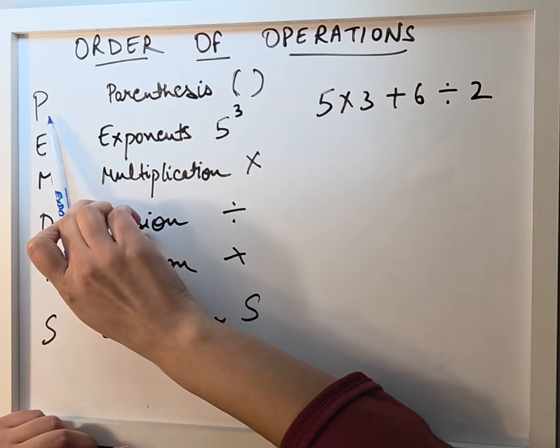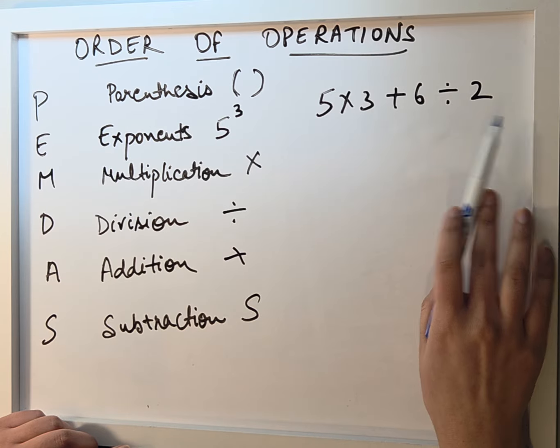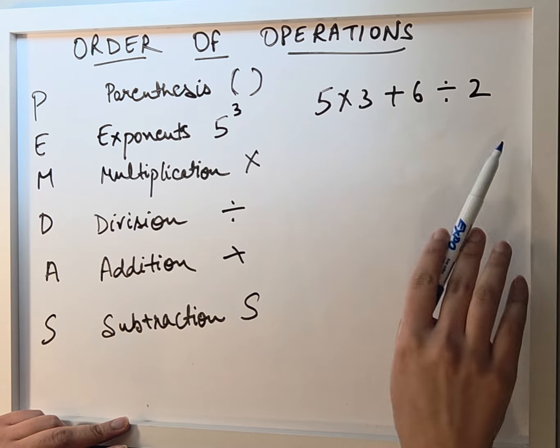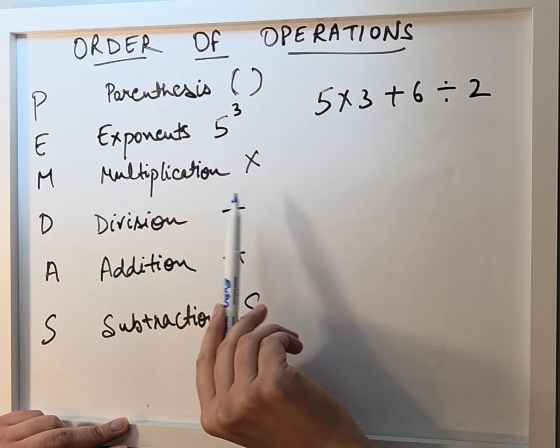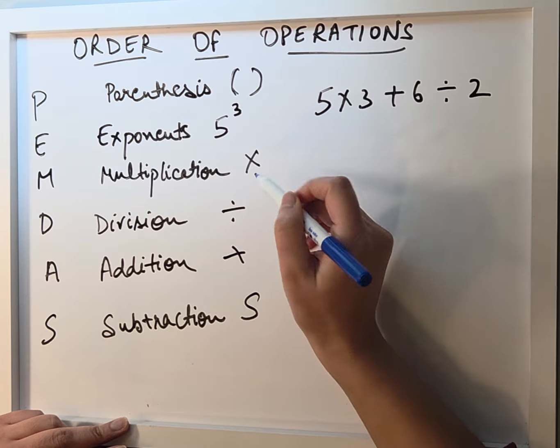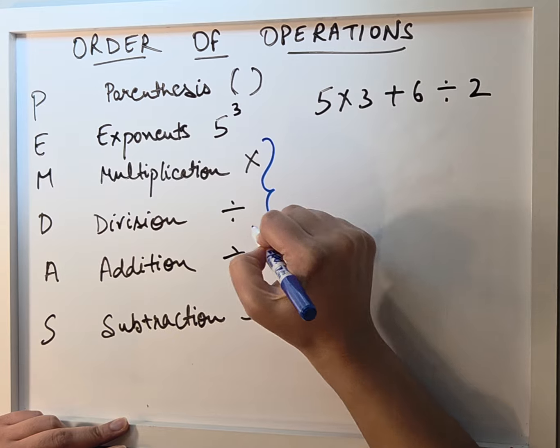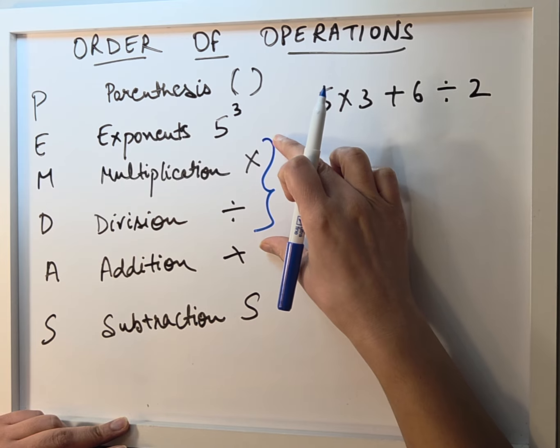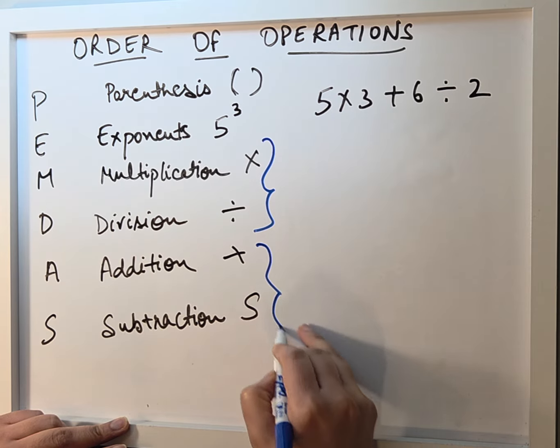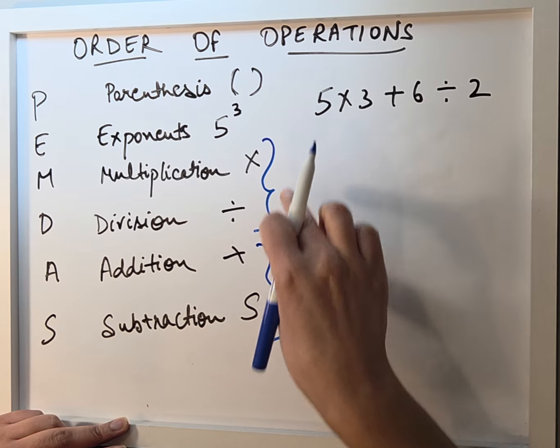First we see, are there any parentheses? No. Are there any exponents? No. Is there multiplication? Another very important rule to remember is that multiplication and division are treated as one group, and addition and subtraction are treated as one group.